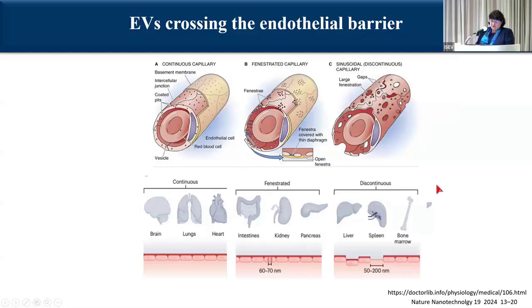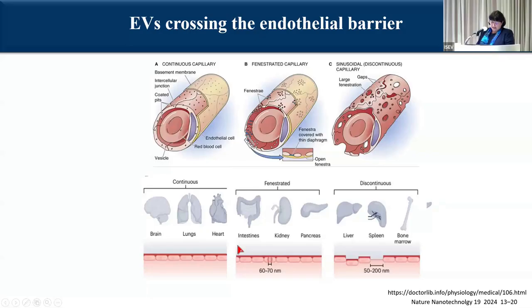I would like to also add that the endothelial lining is differentially permissive for the transition of extracellular vesicles. In most organs, we have a continuous endothelial internal lining of capillaries. However, as you know, we have fenestrated and sinusoidal or discontinuous capillaries in different organs.